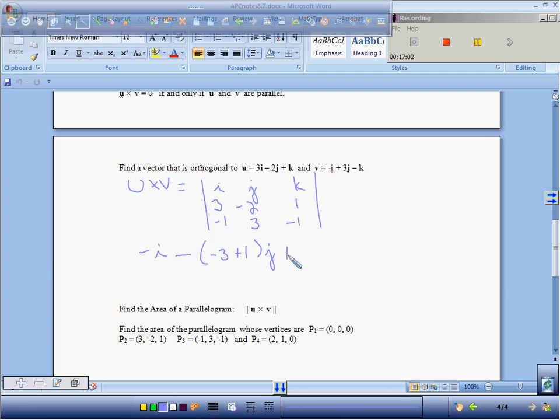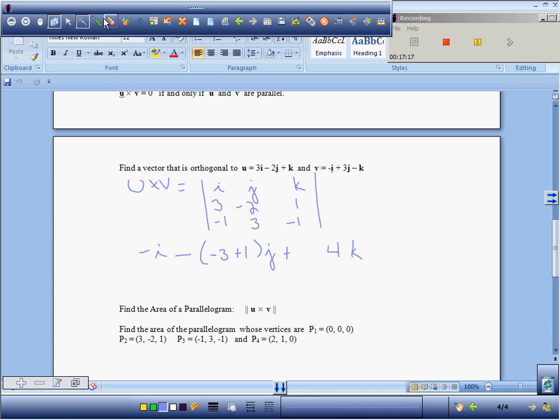And then the K, plus how many K's? It would be 6 minus 2, right? So that would be plus 4K. No? Oh, I knew that. 3 times 3 is 9, isn't it? 3 times 3 is 9 minus 2. So that'd be 7, right?